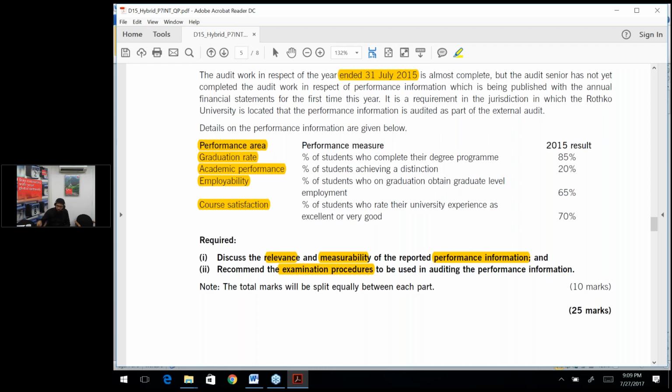Now, see. Number one: the percentage of students who complete their degree program is 85%. Now, I am somebody who is performing an assurance engagement and I need to check if this 85% is a correct value. How will I do it? It's very simple. I need to think what could go wrong. My risk is that this information is not correct. So how could I test it? All that you know is that it's a 3-year program.